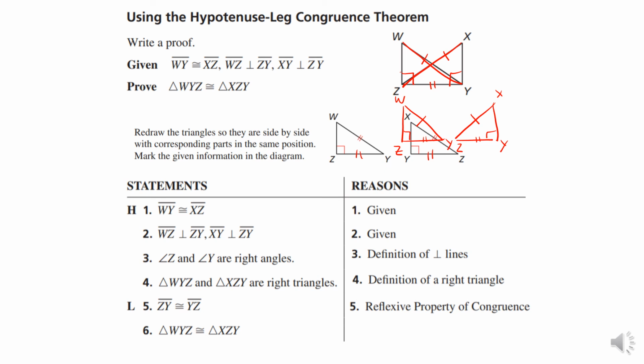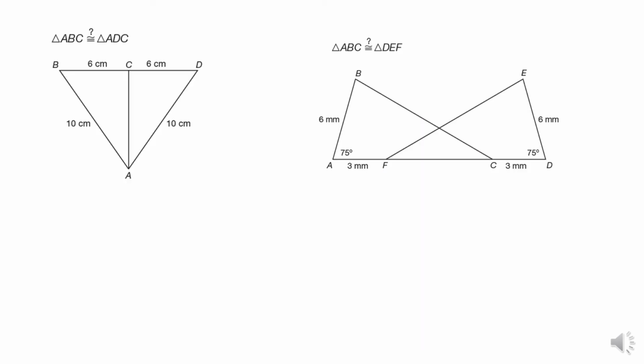Now let's erase all this stuff. So now you can see that these are equal by hypotenuse leg. Remember, you cannot call it SSA. It has to be the hypotenuse leg based on the fact that it is a right triangle theorem. So that's how you use that.